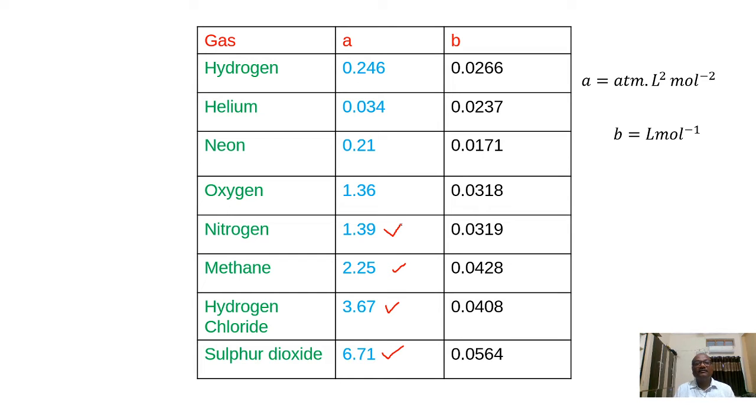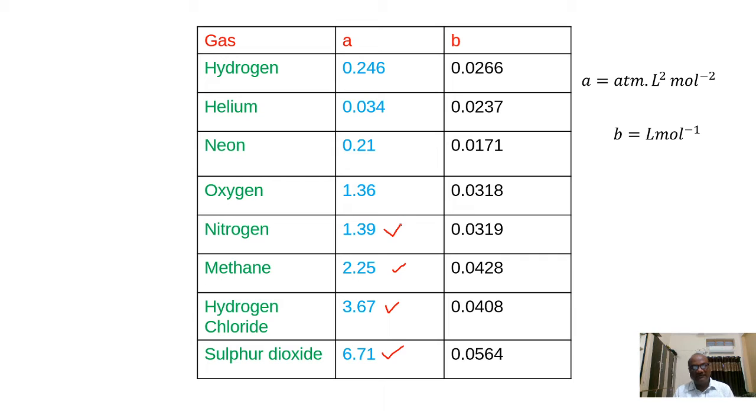Like that we can predict the magnitude of van der Waals forces existing between the molecules of a gas. So A is useful to predict the magnitude of intermolecular attraction forces. Have you observed that helium is 0.034? It has the smallest A value.